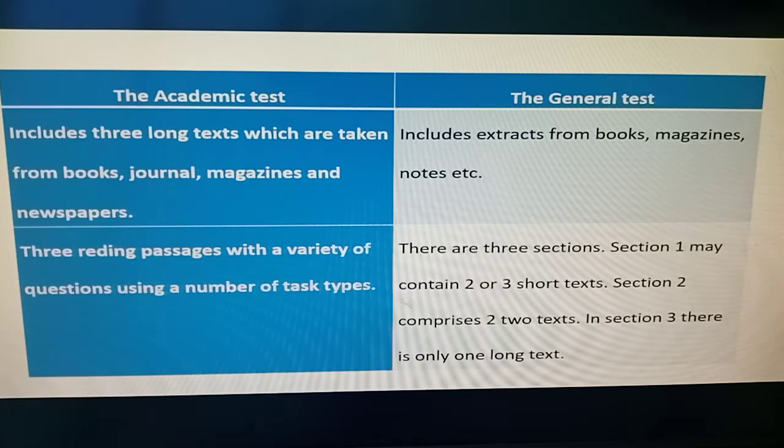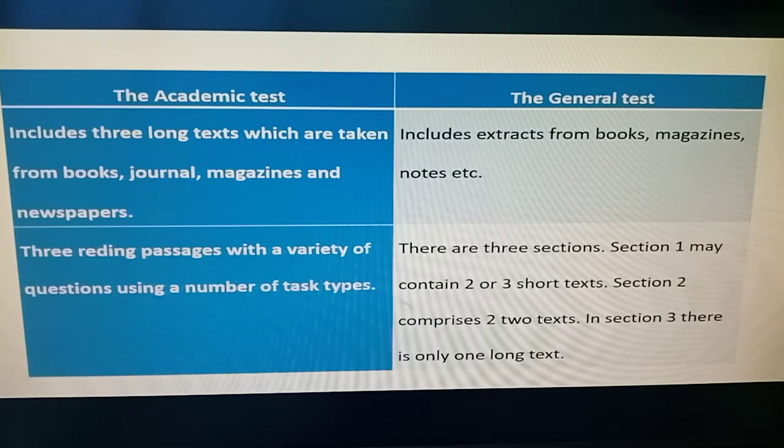This is where they get the text of the academic reading test. Then 3 reading passages with a variety of questions using a number of task types.